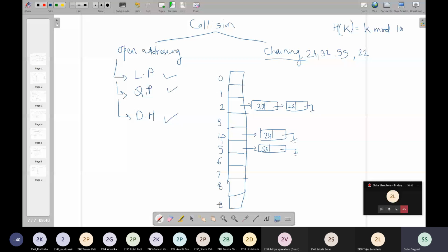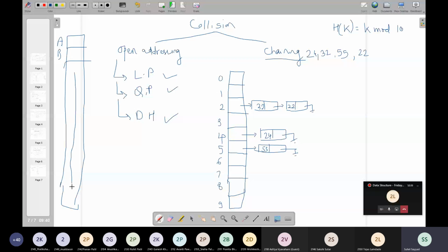The 26th linked list will be for Z. I'm trying to give you different examples to make you understand this. So this will be the A linked list, this will be the B linked list, and so on. How I design this linked list is my hash function basically.